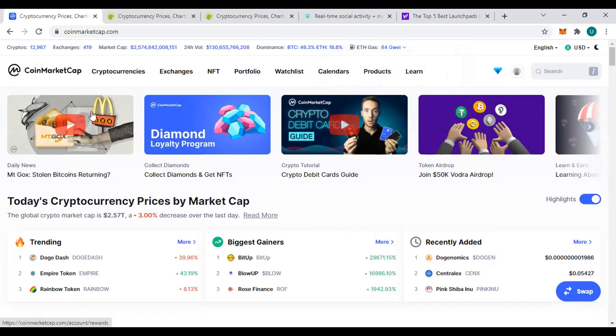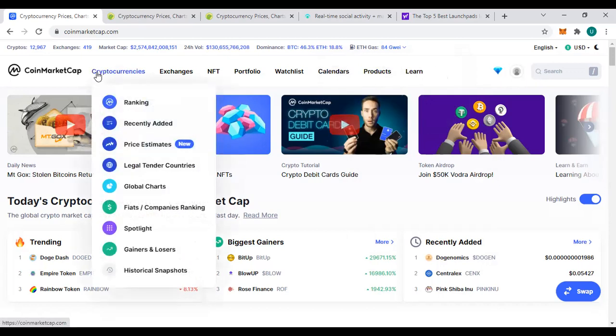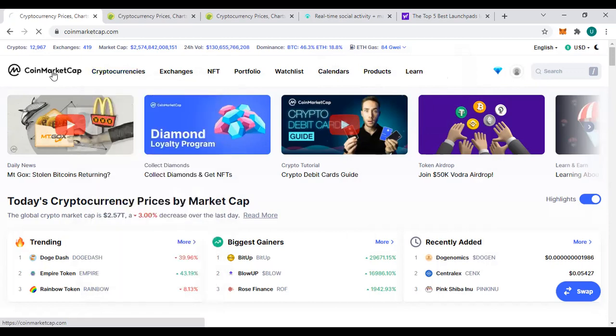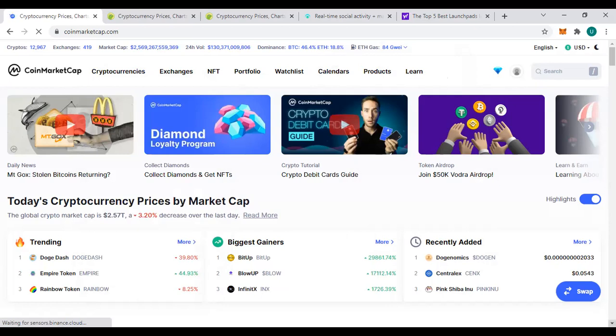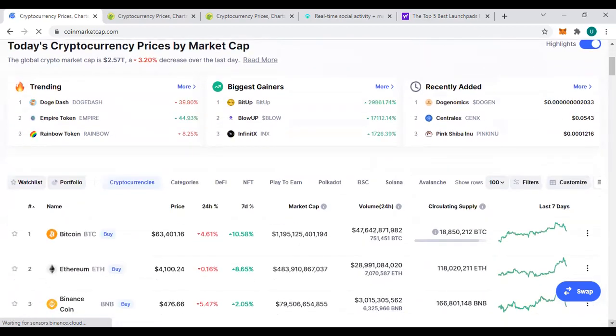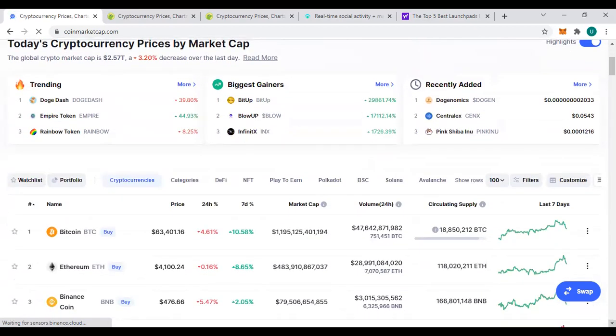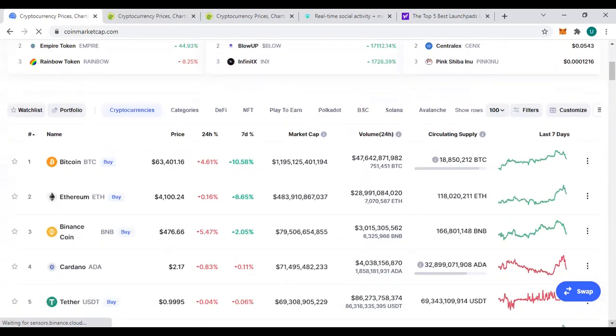So having said that, I will just explain what we have at the top part. Let's go to the home page of Coinmarketcap. The home page is going to show us all the coins in existence and their market capitalization. This is ranked according to their market capitalization.